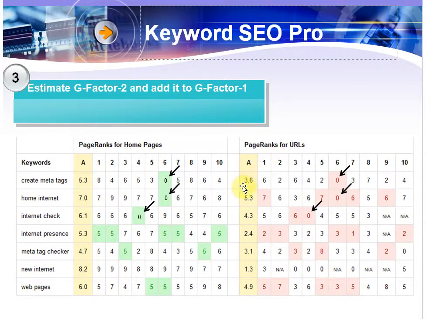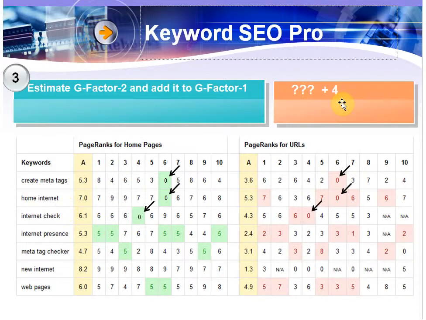You may recall this data set from the first video on G-Factor 2. The arrows indicate G-Factor 1s of 0, which are clearly out of keeping with the other highly ranked web pages for these important keywords.